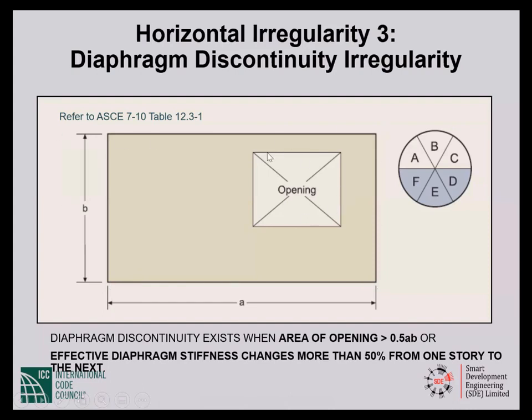So if the opening area is more than 50% of the area of the diaphragm, or effective diaphragm stiffness changes more than 50% from one story to the next, either case, you have a diaphragm discontinuity irregularity. The first one is pretty clear and unambiguous. The second one has been somewhat problematic over the years because this effective diaphragm stiffness is not defined.